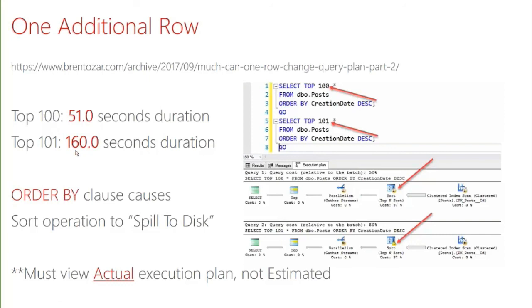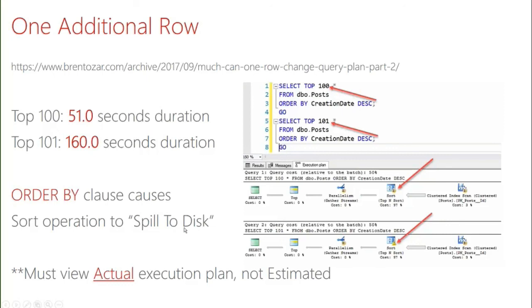That's crazy. The reason was they had an order by clause here, and when they ordered by, SQL Server had to do a sort. You notice the cost there, 97% of this query was sorting it. Here, it was able to do it in memory, and that's what those little yellow arrows mean. Here, you get a sort warning. That's the yellow triangle with the exclamation point. That means that it had to spill to disk.